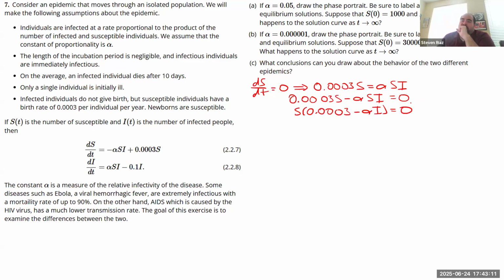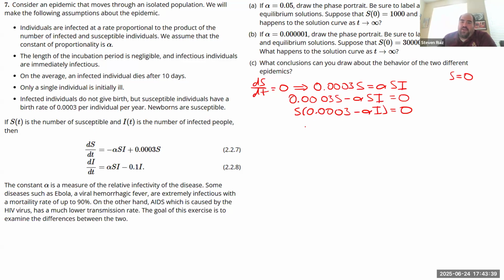So I have two equilibrium conditions implied here. One is where s equals 0, which is the trivial equilibrium. If there's no one left who can be infected, then basically the population has been wiped out. We'll note it, but I don't think we're too interested mathematically in what happens there.